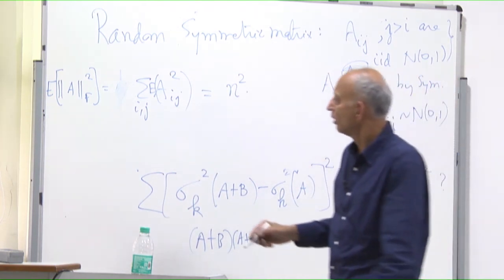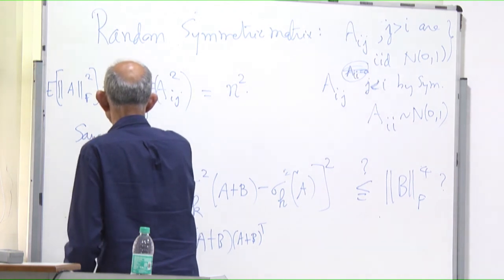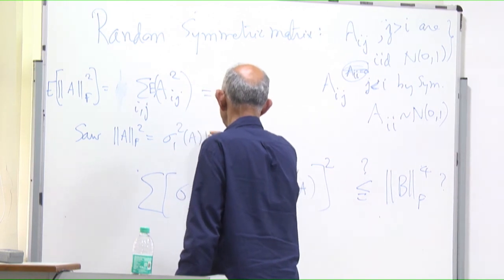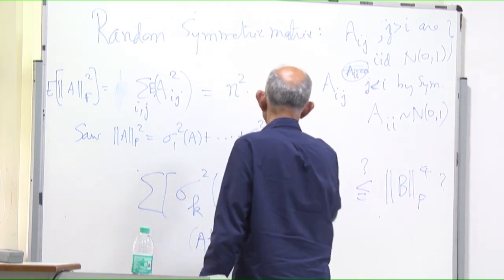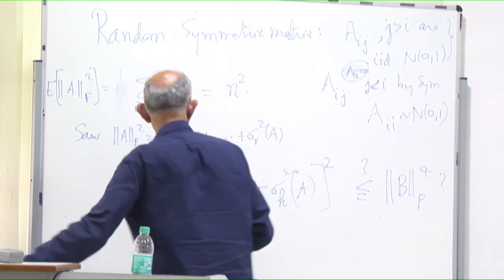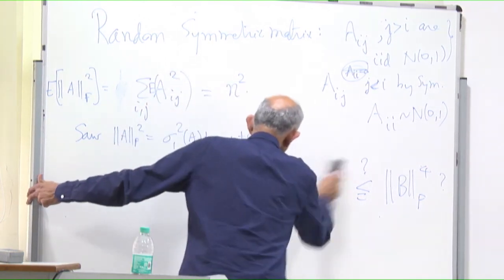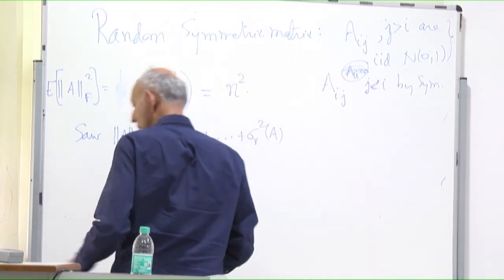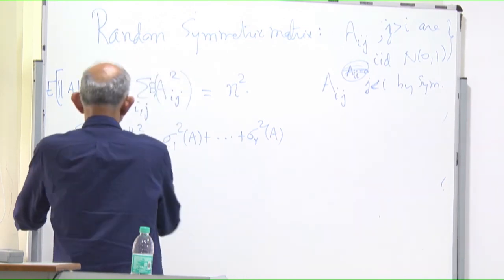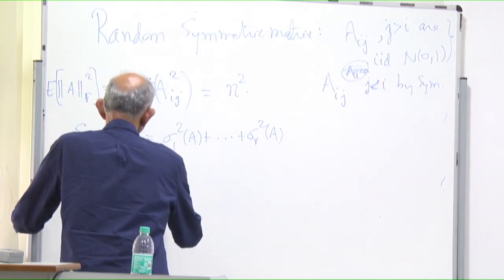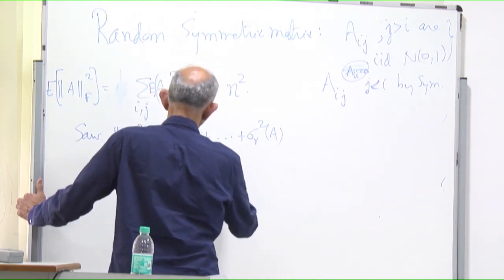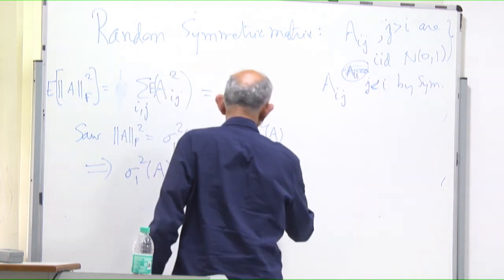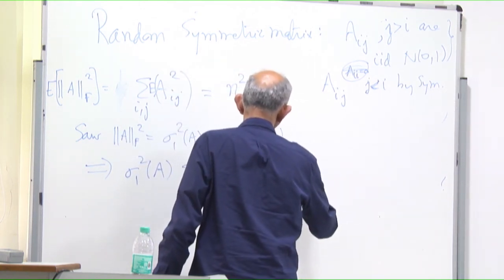Okay. And we saw that this is the sum of the squares of the singular values. So that implies sigma 1 squared of A is less than or equal to the Frobenius norm of A squared, which should be less than or equal to C n squared with high probability.